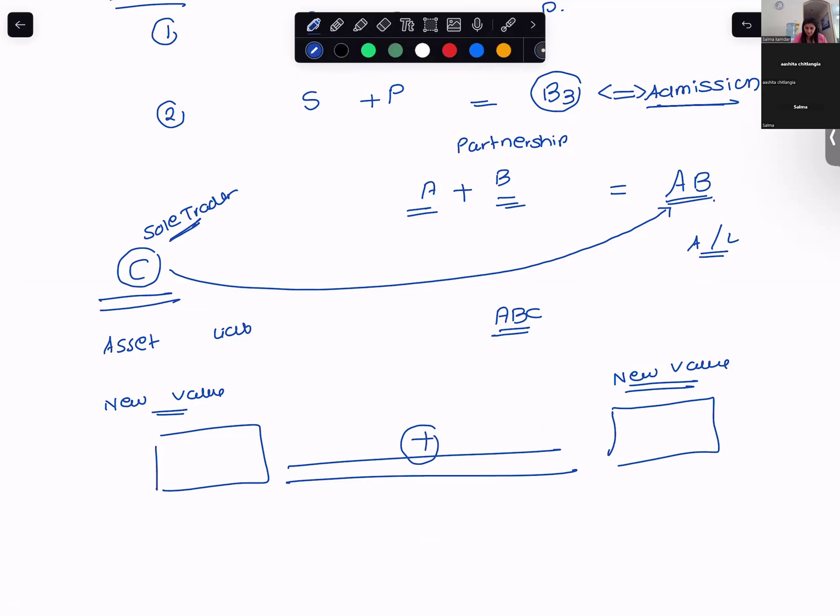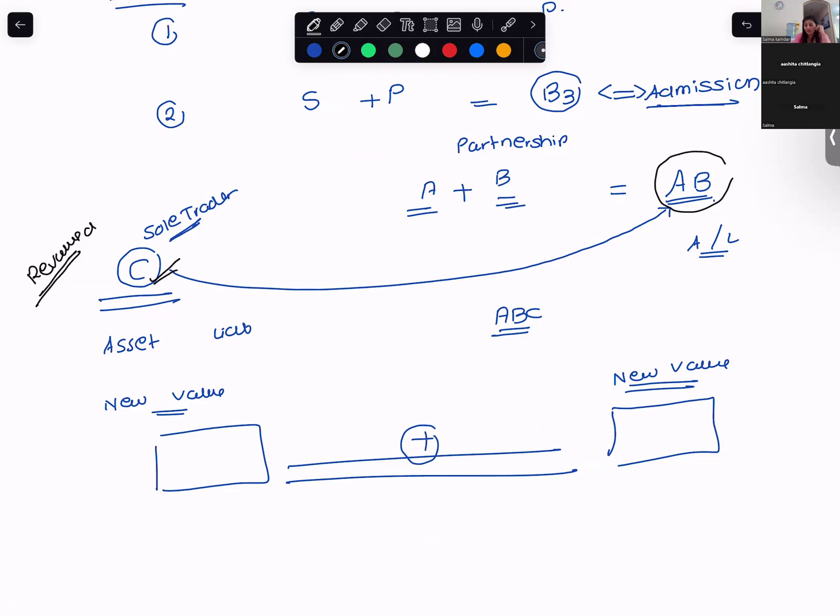When C's assets and liabilities are revalued, all the profits and losses on the revaluation go to C alone. So I have no issues. But here the assets and liabilities belong to A and B both.